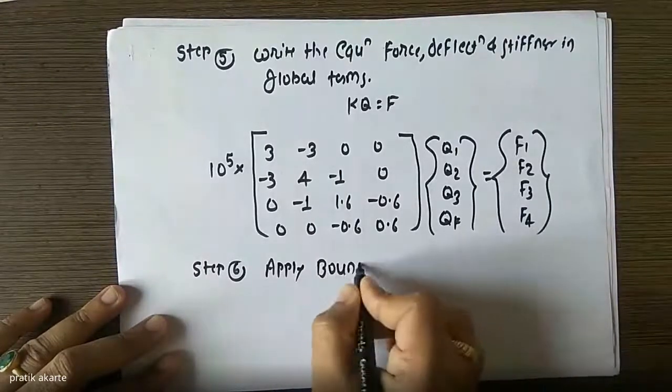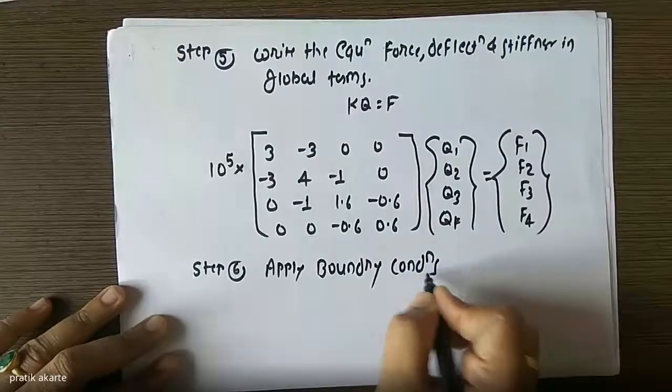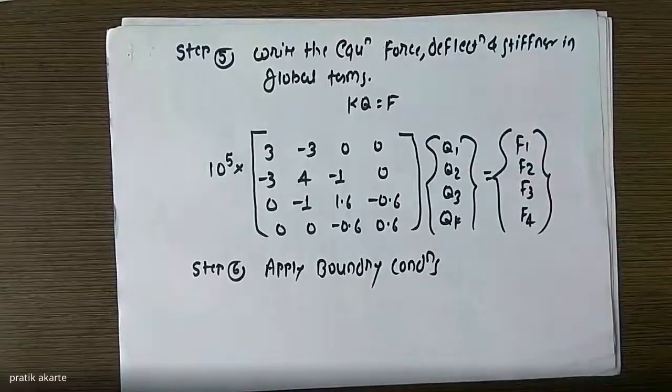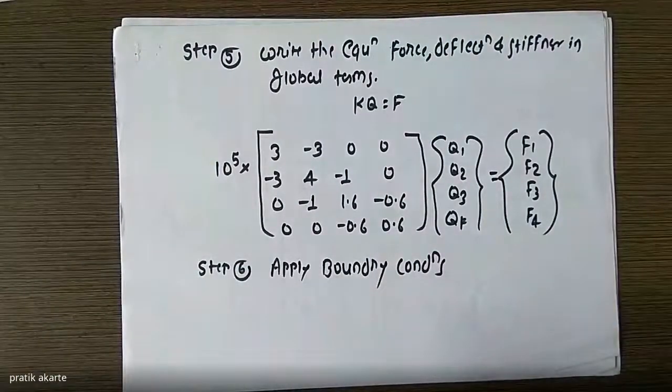So we have seen there are two approaches to apply the boundary conditions known to us, that is elimination and penalty approach. We will be using the elimination approach. Now I said apply the boundary condition, that means we write whatever we know.